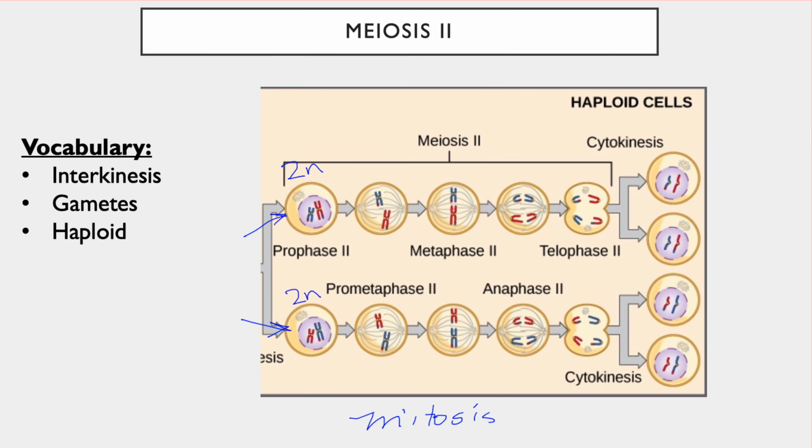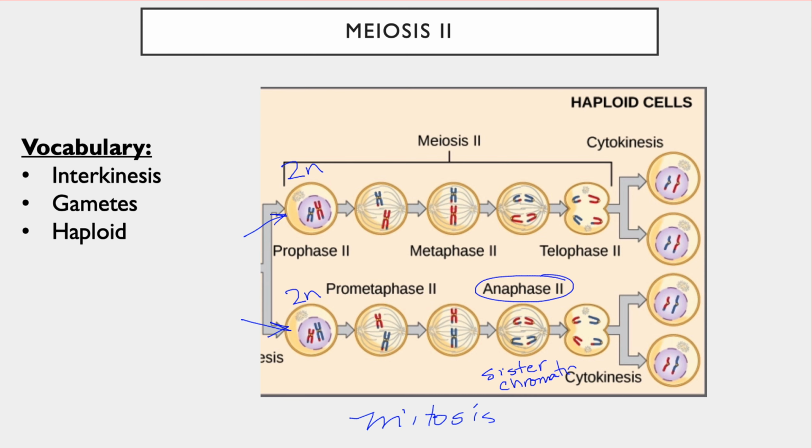Anaphase 2, rather, is where you start to get changes that occur from meiosis 1. And we're going to be separating sister chromatids. This is a very important process.